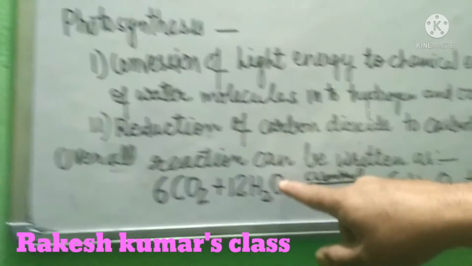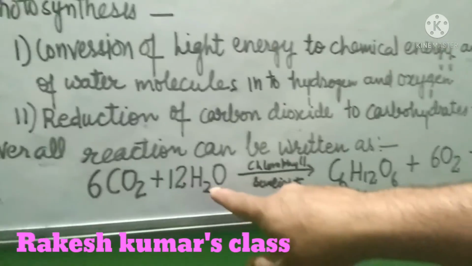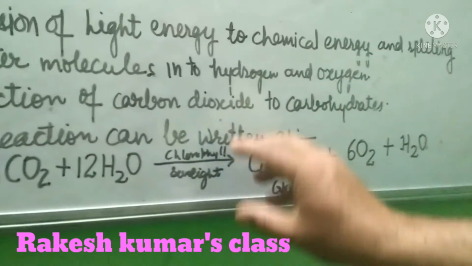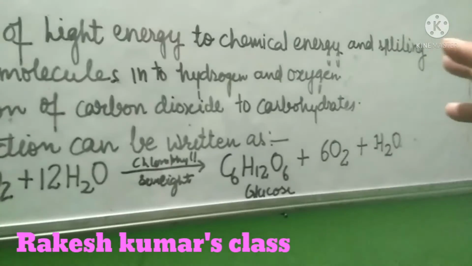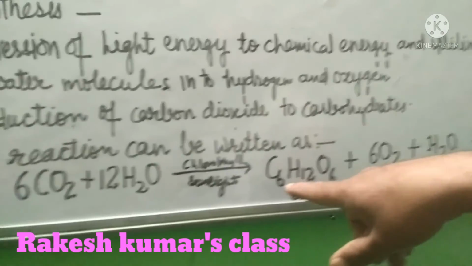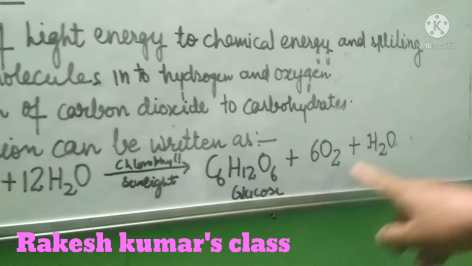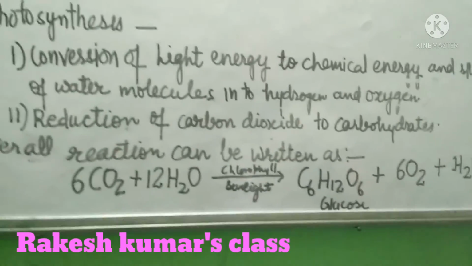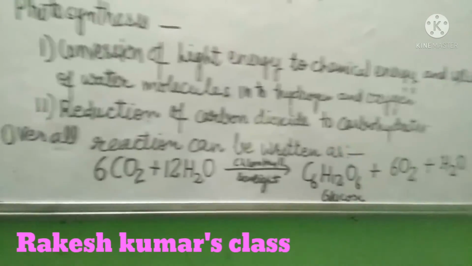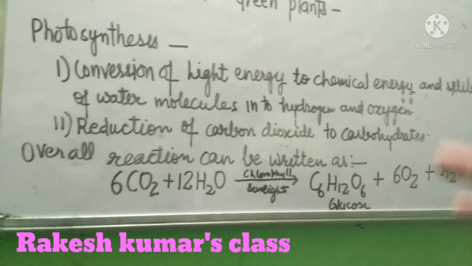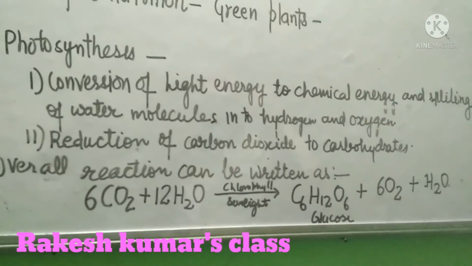The overall reaction is written as 6CO2 plus 12H2O, in the presence of sunlight, with chlorophyll acting as a light trapping pigment. Carbohydrate is formed, glucose, oxygen, and water. So that is how plants obtain their nutrition, and they are autotrophic because they can manufacture their own food.